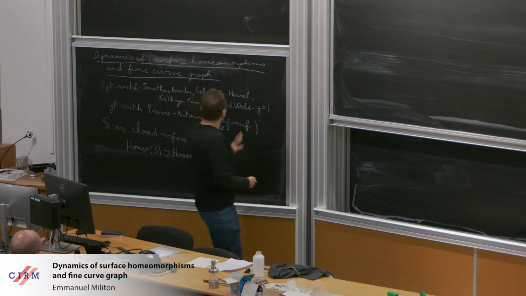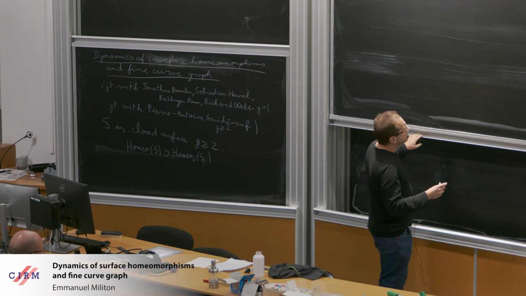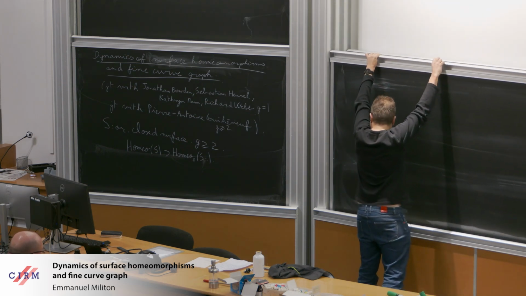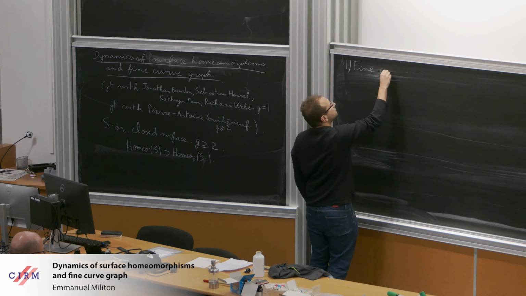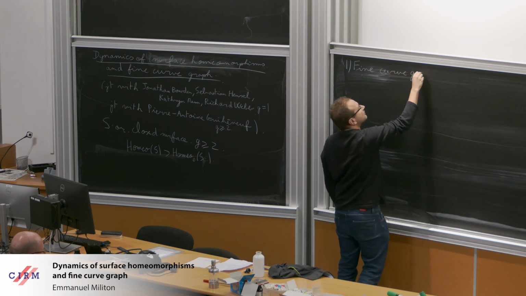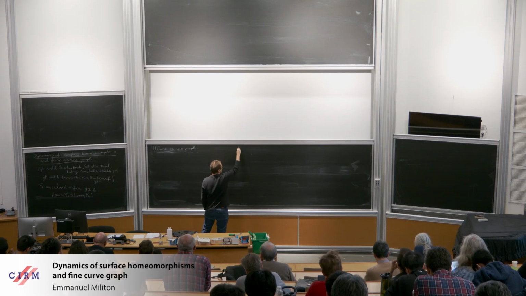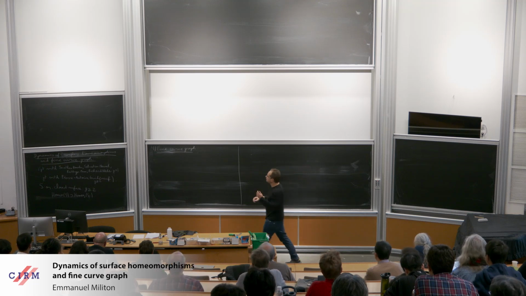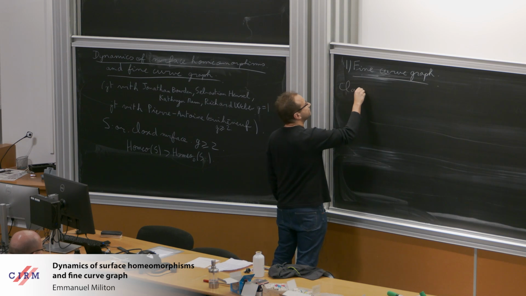Okay, so first of all, I have to define what this fine curve graph is. Okay, let's start with defining the fine curve graph, but before defining this new object, I want to go back to the more classical object, which is just the curve graph, which was defined by Harvey, so the classical setting.